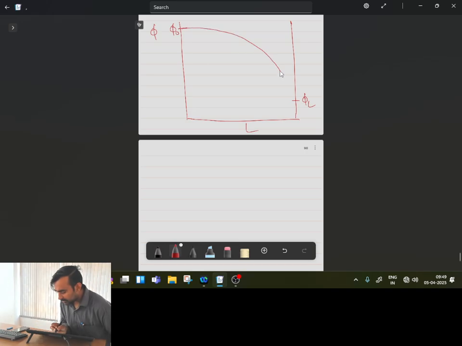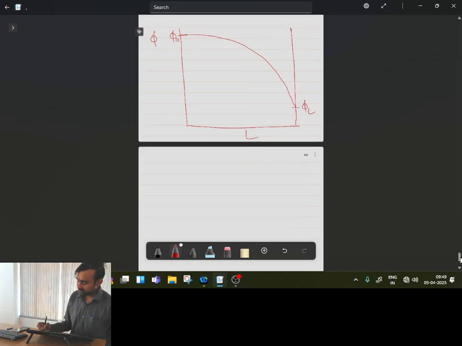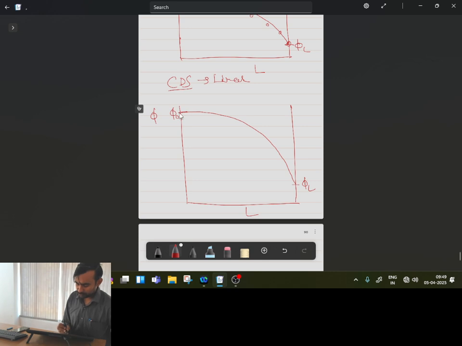So this was the theoretical solution. Here, if I take a scenario where the Peclet number is greater than 2, of course the boundary nodes are the same, but you may find a solution something like this. This is nothing but which type of solution? Oscillating solution.